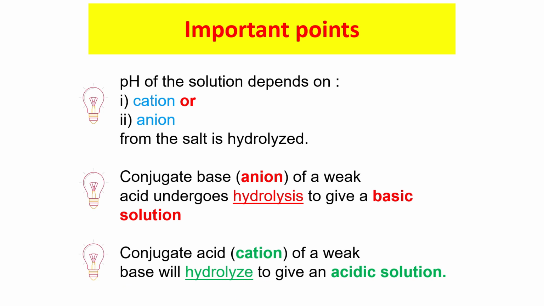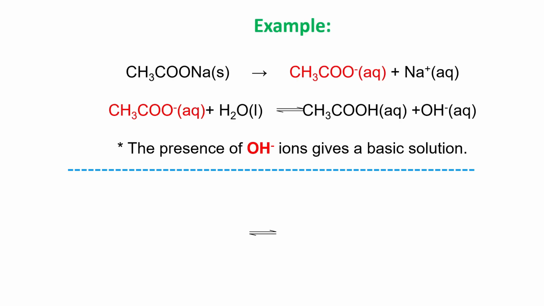So why does this happen? For example, kita ada satu garam iaitu sodium acetate. Sodium acetate dia berasal daripada CH3COOH dan NaOH iaitu weak acid dan juga strong base. This reaction will produce CH3COONa.